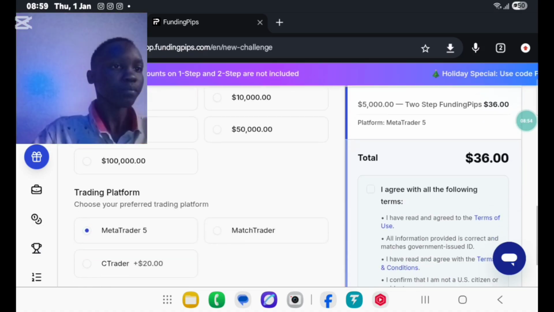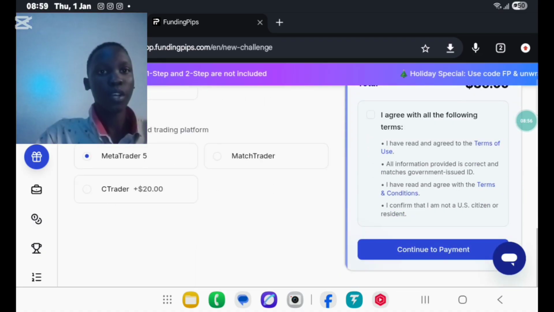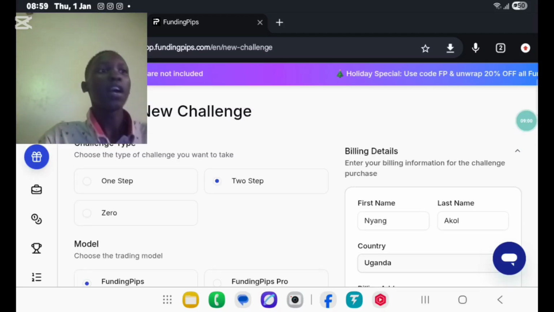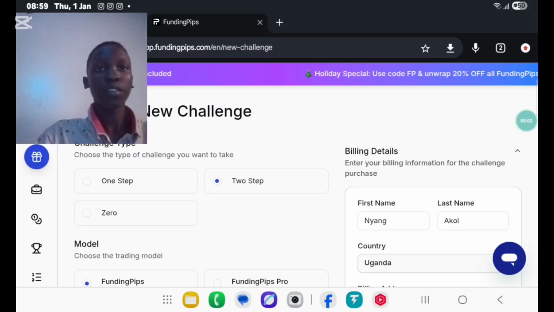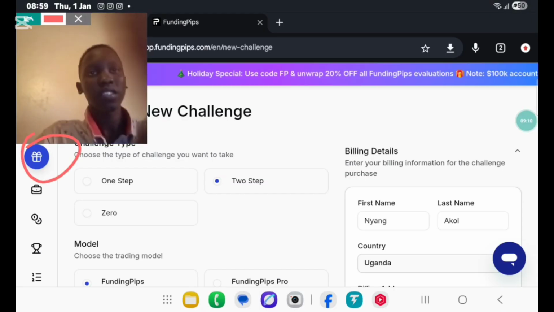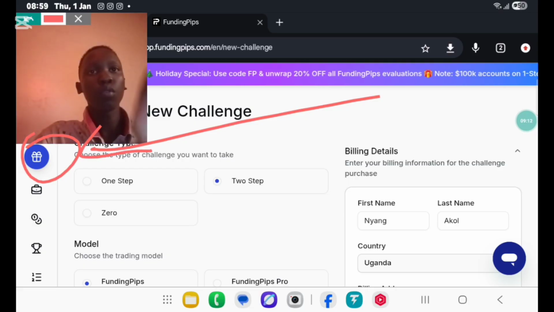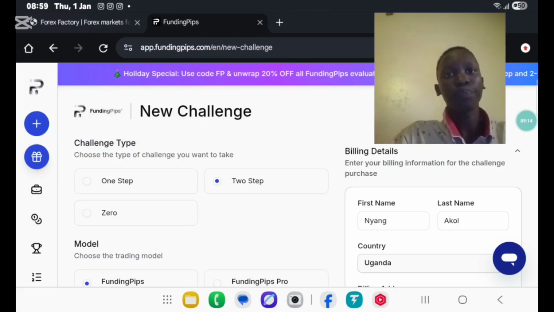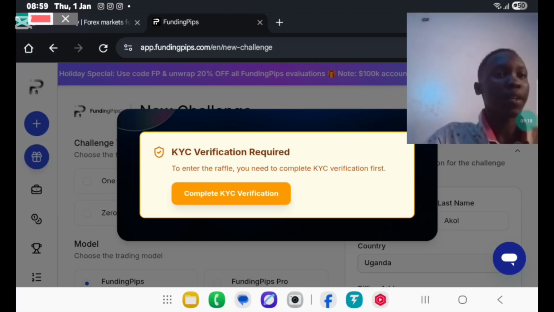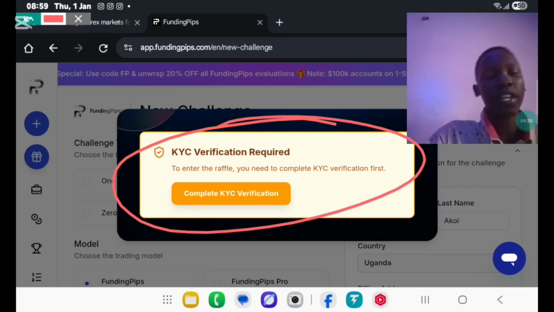So if you want to buy, you just come and fill all of this, you buy. So now here we are on the 1K instant account. What you will do is you look for this stuff here, then you tap it. After tapping in, it will ask for verification.